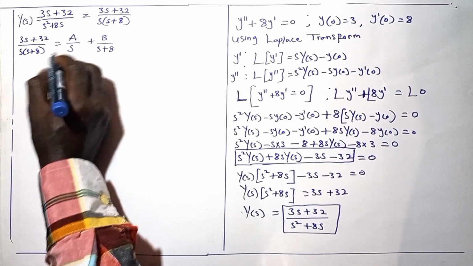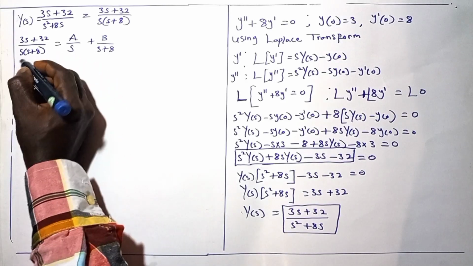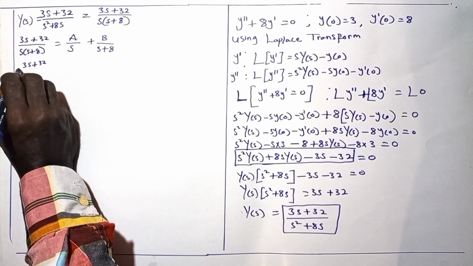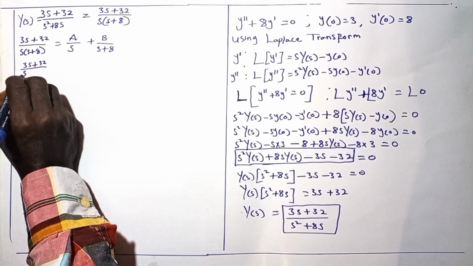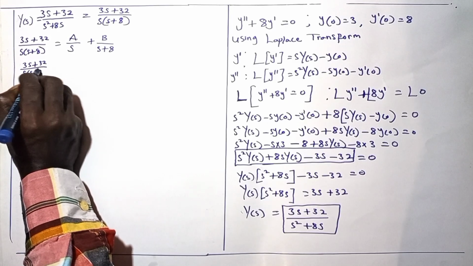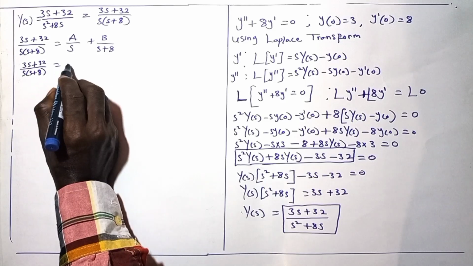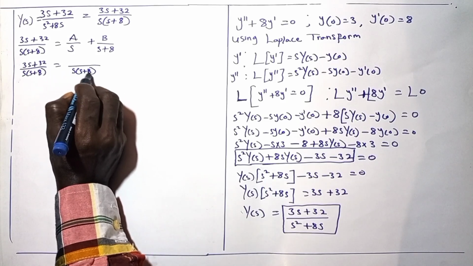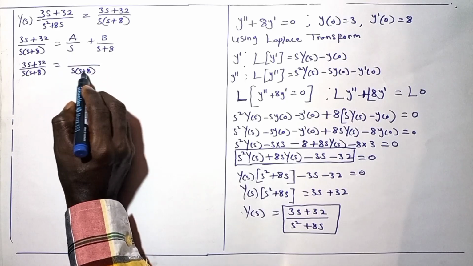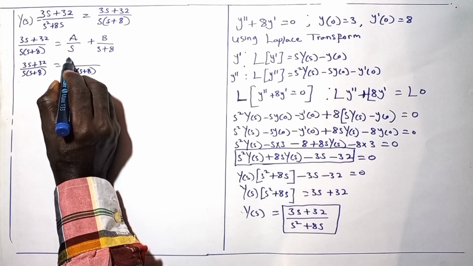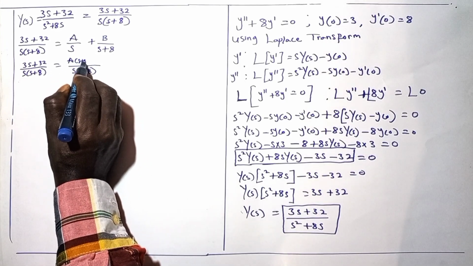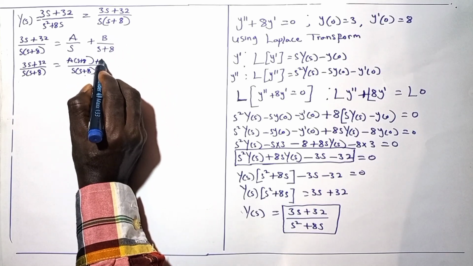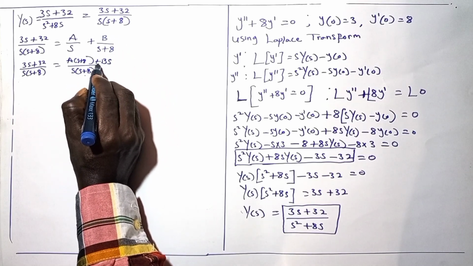So now, do this. You can see this here. S plus 8. So s plus 8, s in s here, we are left with this. So a times s plus 8, and s times b, we are left with bs.